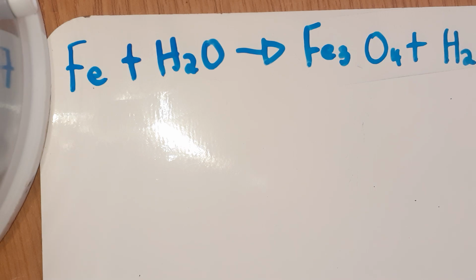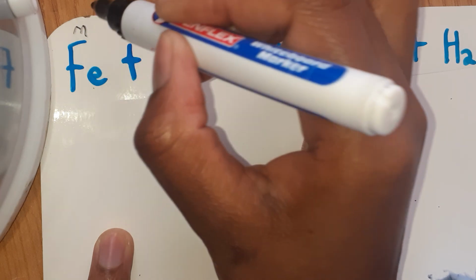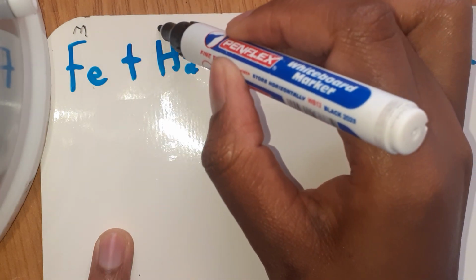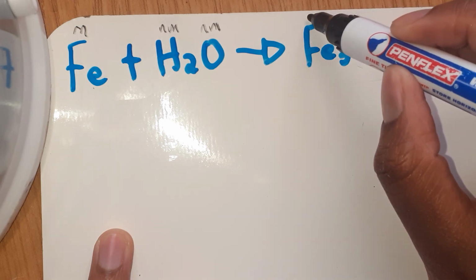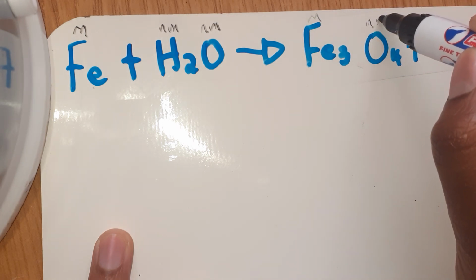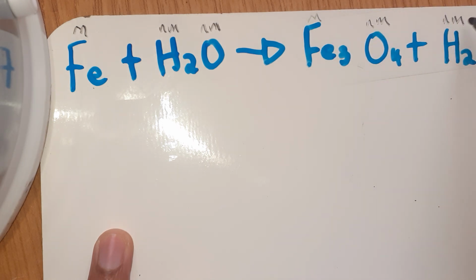The first thing we have to do is look at metals and non-metals on your periodic table. This is a metal, this is a non-metal, this one is also a non-metal, and a metal, non-metal, non-metal, right? And then for step 1, we have to balance metals.